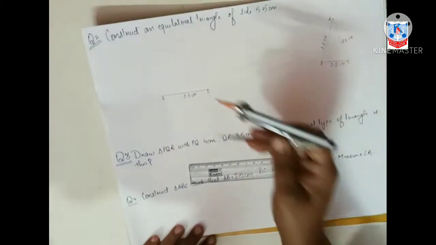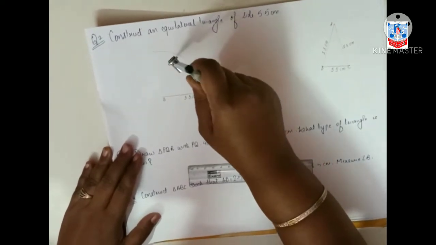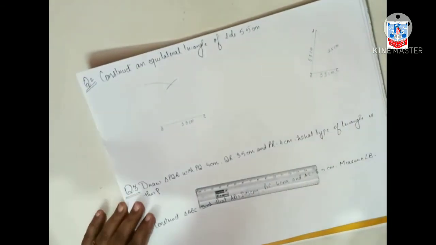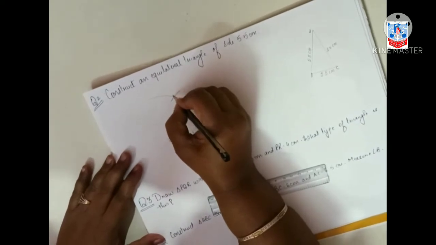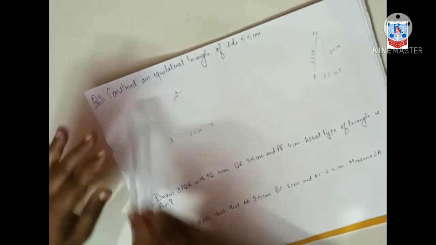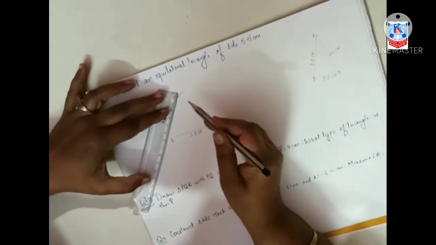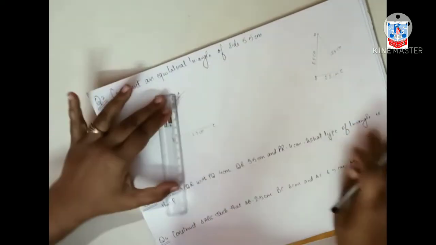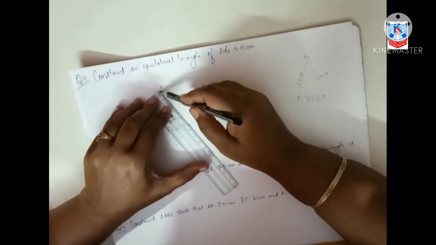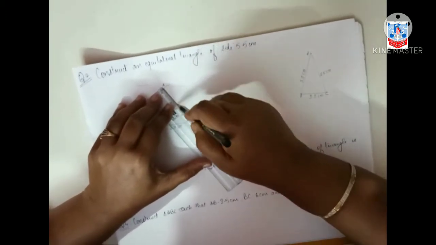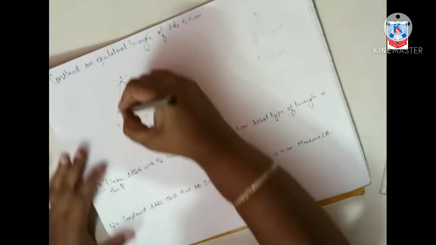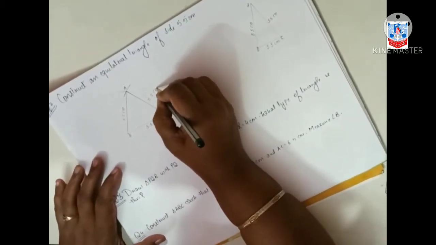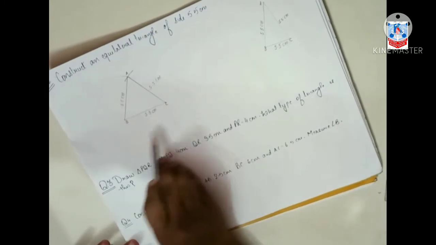Same measure with center C, cut the previous arc and name this point of intersection as A. Now join AB and AC. 5.5 centimeter, 5.5 centimeter. See, this is an equilateral triangle.